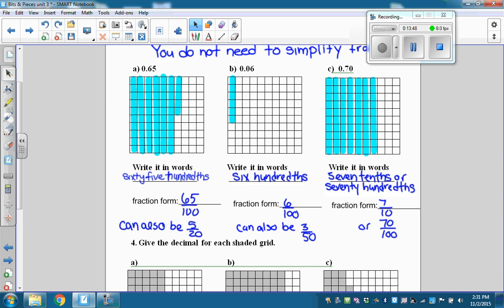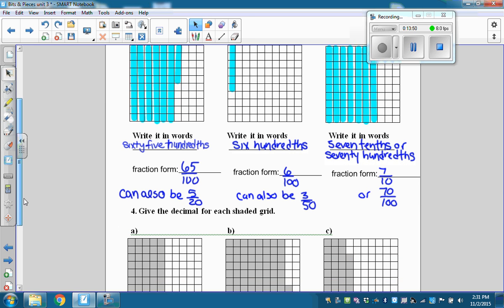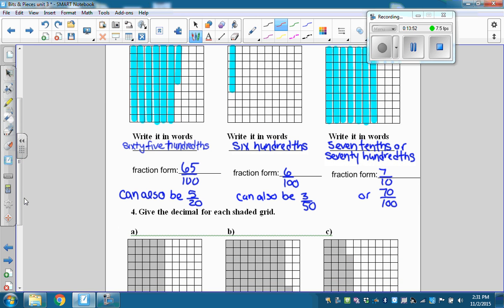And then, here's something I want to say. With the pictures, you don't have to write simplified fractions, but in your homework tonight, when there's no picture, always simplify. So, how did I get to 5/20ths? What did I divide by? Oh, how did I get to 5/20ths? That's wrong. That doesn't make any sense.